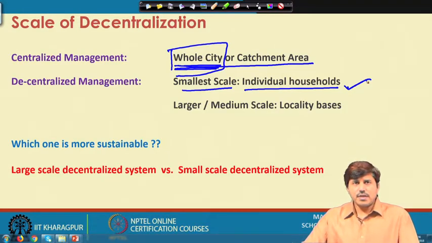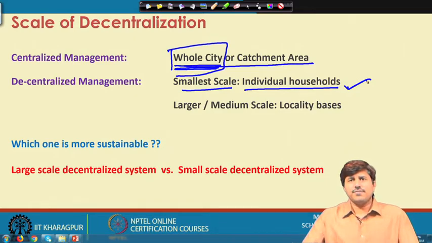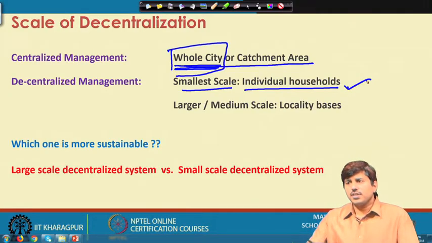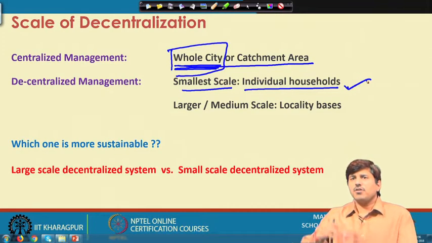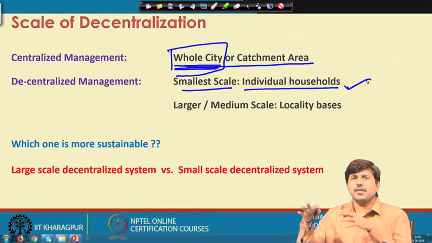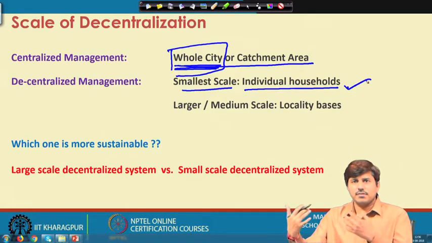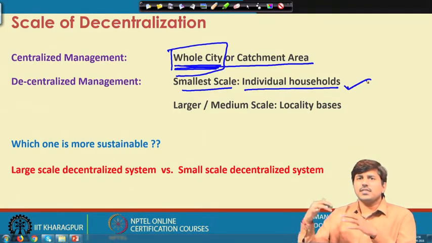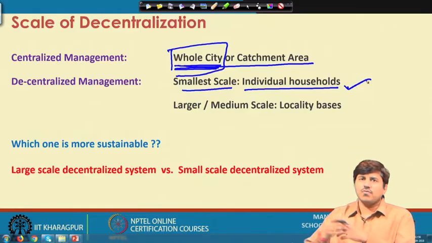Okay. But then, after development or infrastructural growth, when people moved towards the centralized system, we got this sewer network laid out across the city, and the individual household level wastewater management systems went away. Whether that is sustainable or not is a different thing, because we cannot say that the septic tank was the best possible solution or was always sustainable.